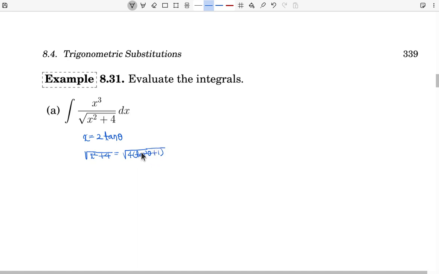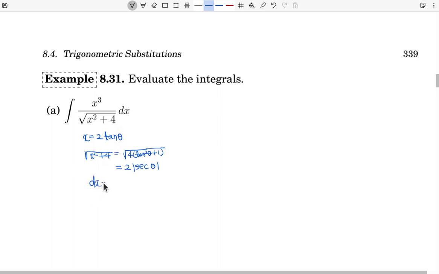So that is sec squared theta, so it is the same as 2 sec theta, right? And here x cubed is simply 8 times tangent cubed theta.